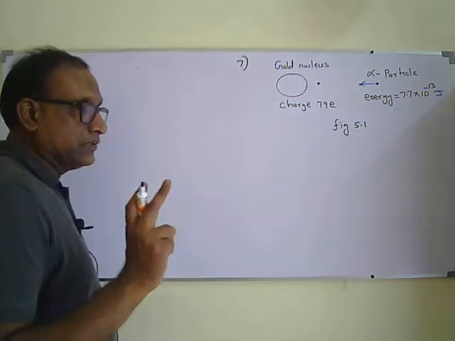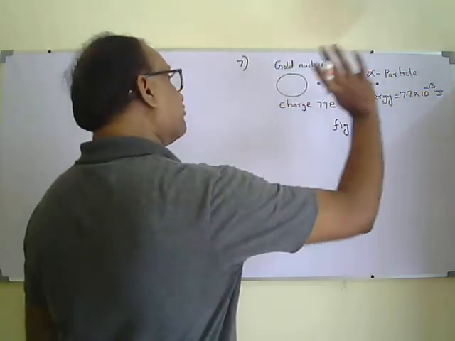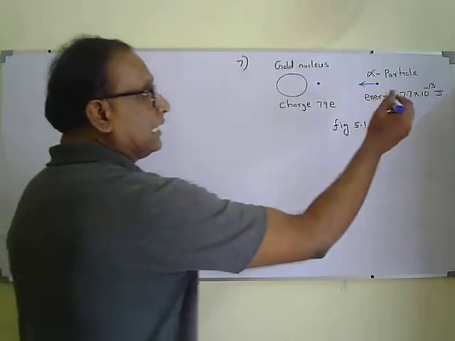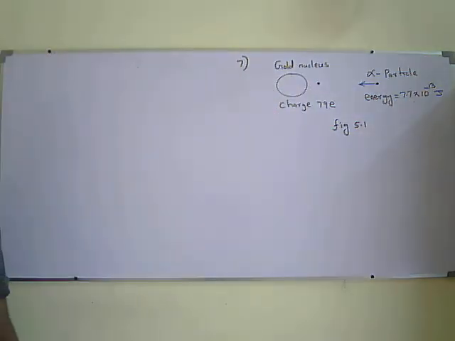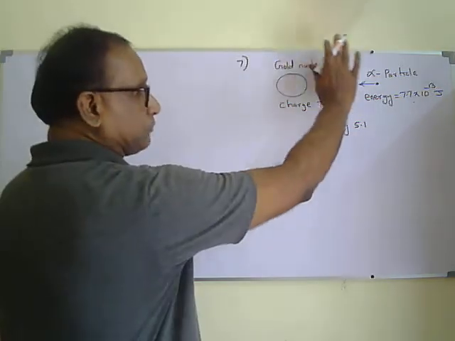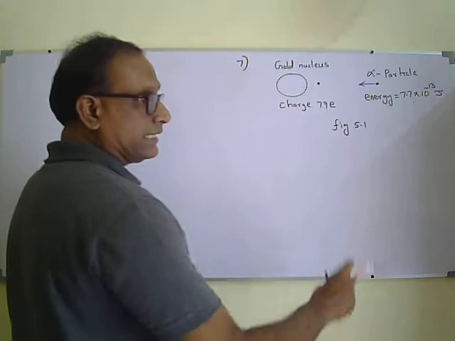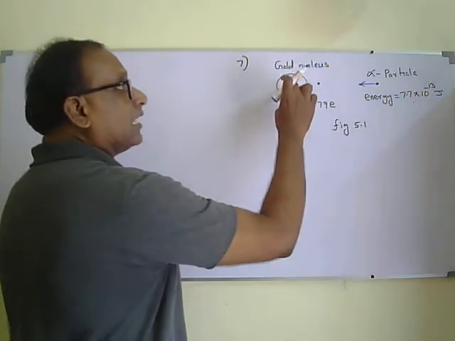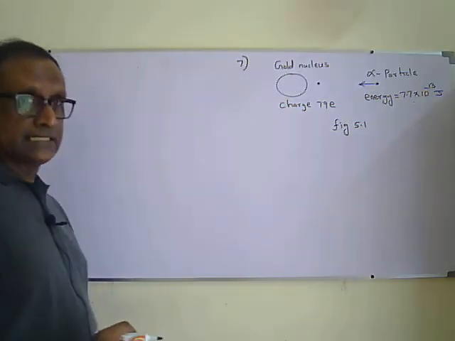Careful, the words large distance from the gold nucleus mean that initially it is not in the electric potential of the gold nucleus. The gold nucleus is creating electric potential everywhere, but initially the alpha particle is not in the electric potential of the gold nucleus.